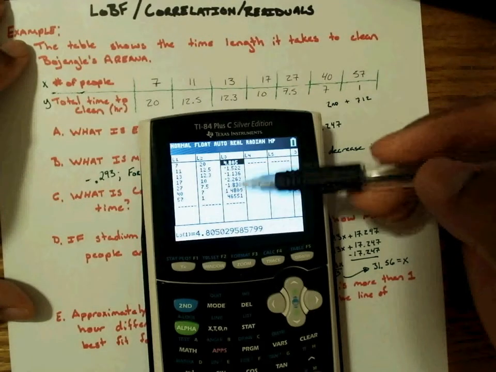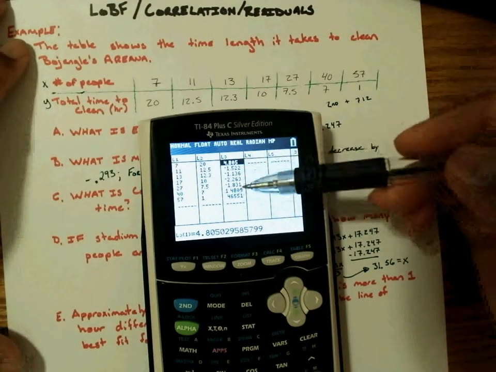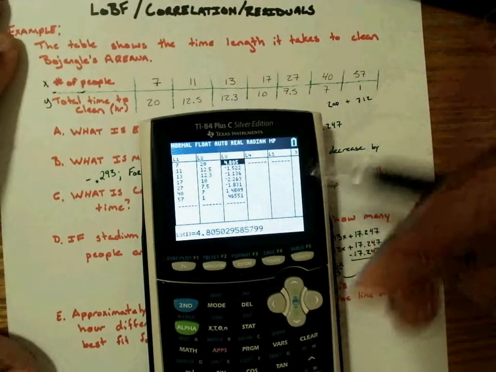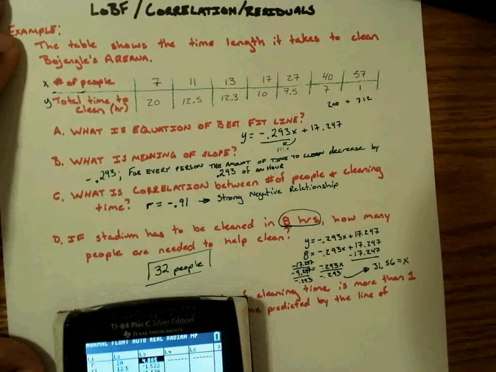One thing that you're going to notice when I copy this down, I'm not going to copy the negatives. I'm just going to take the absolute value, or the positive version of everything. Absolute value just means take the positive version of it.